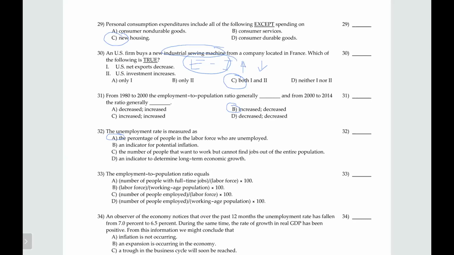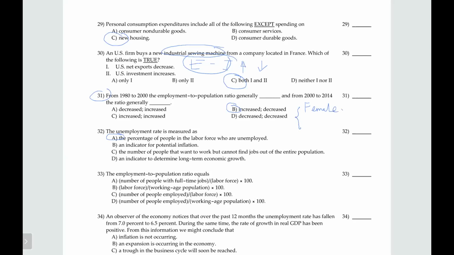Well, let's just go back to 31. There's another interesting fact you should know, which we already discussed in class. We look at two labor force participation rates. One is among female workers.